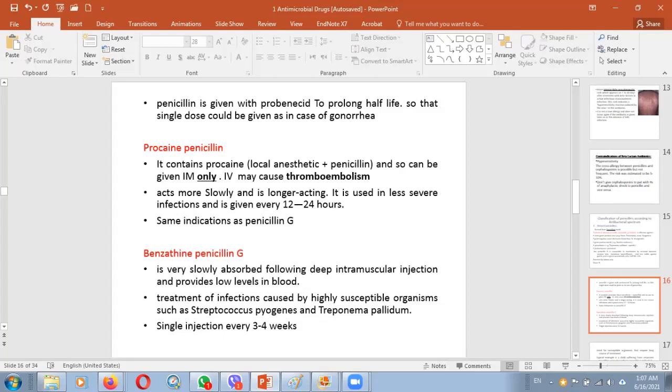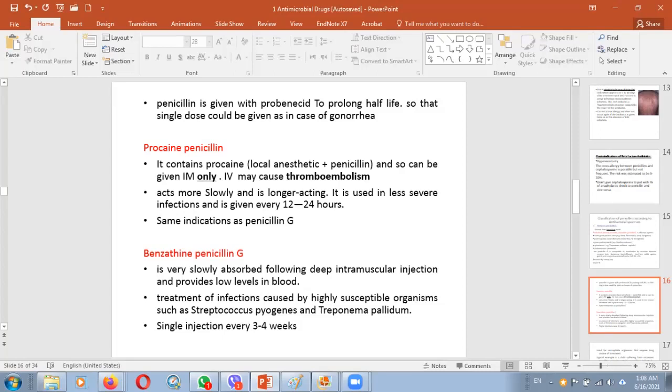بنزاثين penicillin G. هذه ما تسمى بالأوبرا الشهرية إن صح التعبير بالصيدليات. أوبرا penicillin الشهرية is very slowly absorbed following deep intramuscular injection and provides low levels in blood.